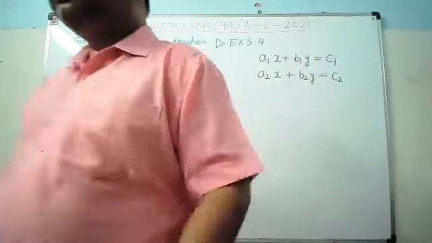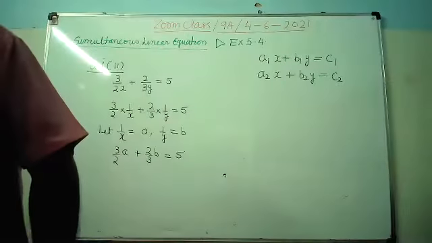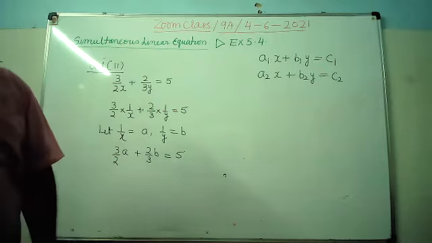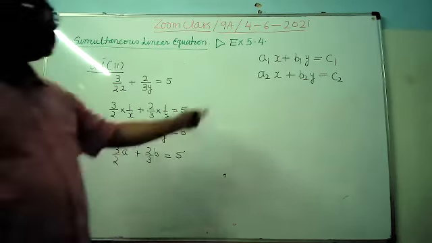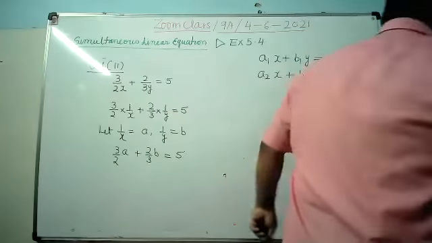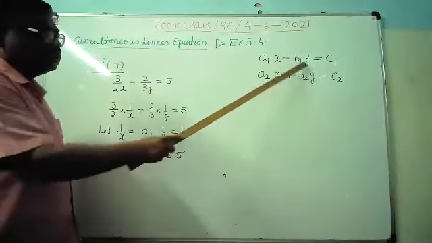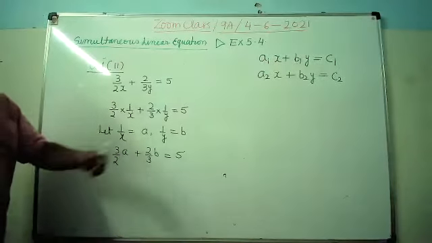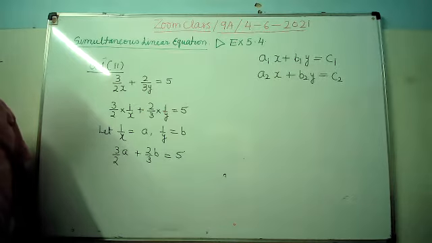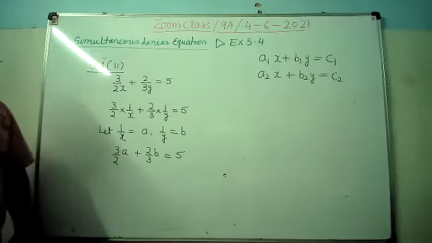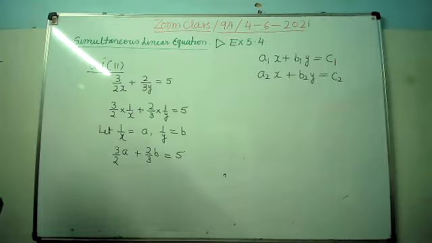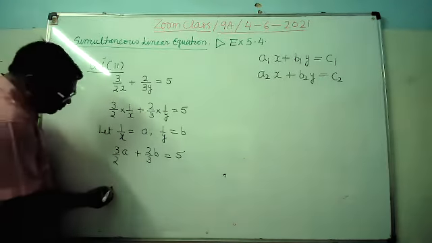Who can tell? After this, what will we do? Here, in order to change it in this pattern, what will you do? This is very simple. Anyone can tell? So LCM. What will be LCM here?